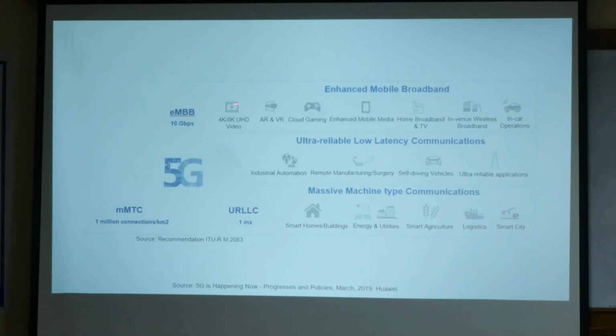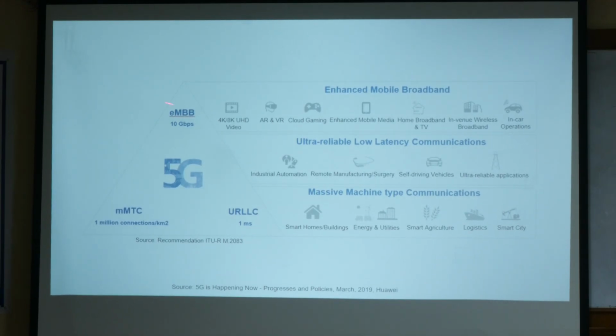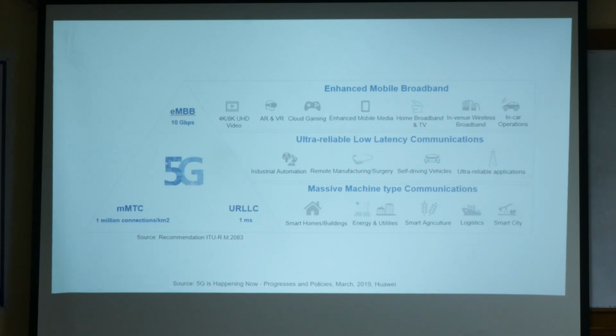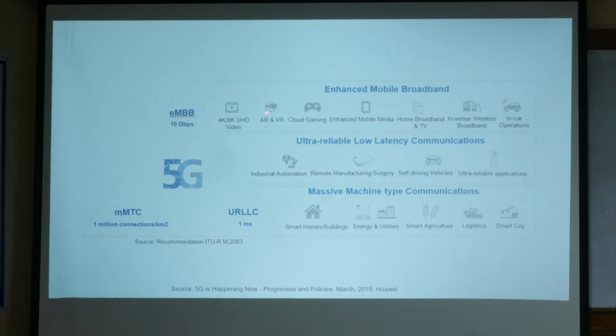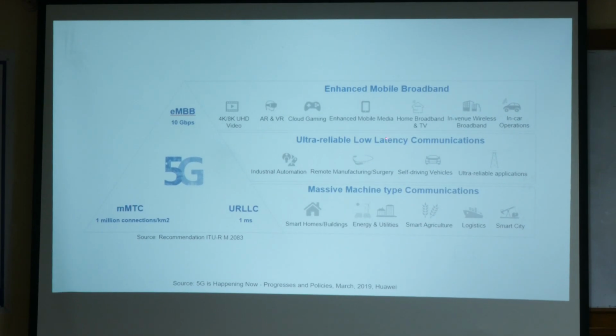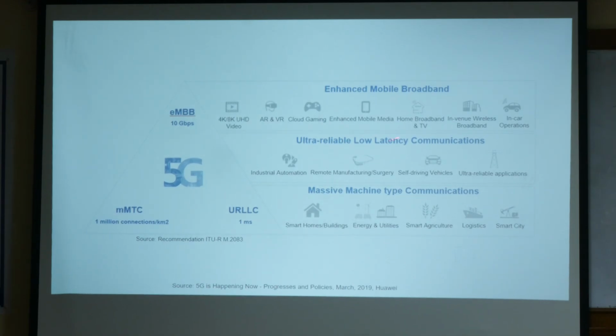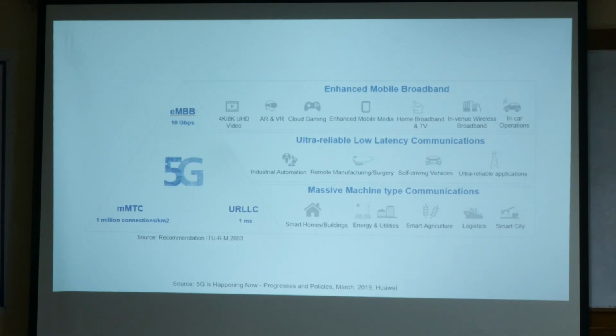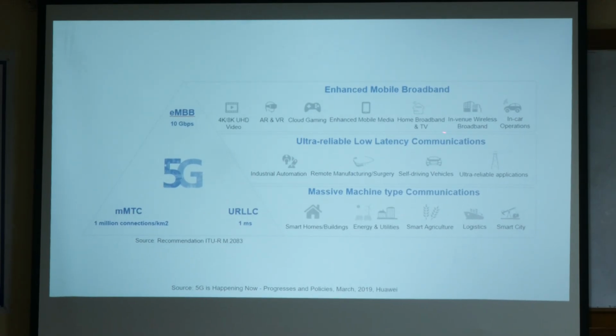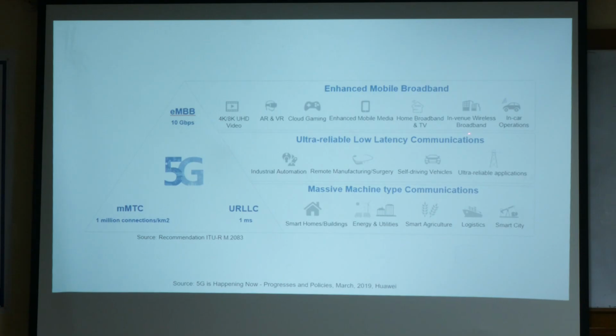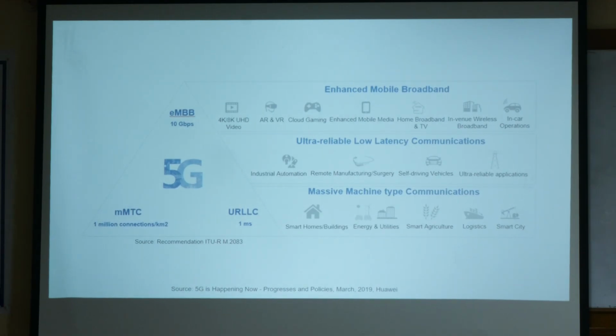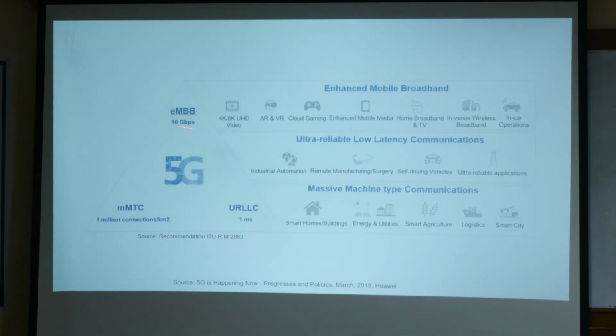You demand more and more bandwidth over here, and 10 gigabits are available for you to do that. And AR, VR is there, cloud gaming, enhanced mobile media. On the mobile, you can see your movies and all with the same clarity that you get on your TVs. And you have broadband TVs, in-venue wireless broadband, in-car operations. All these things can be met within your 5G with 10 gigabits bandwidth.